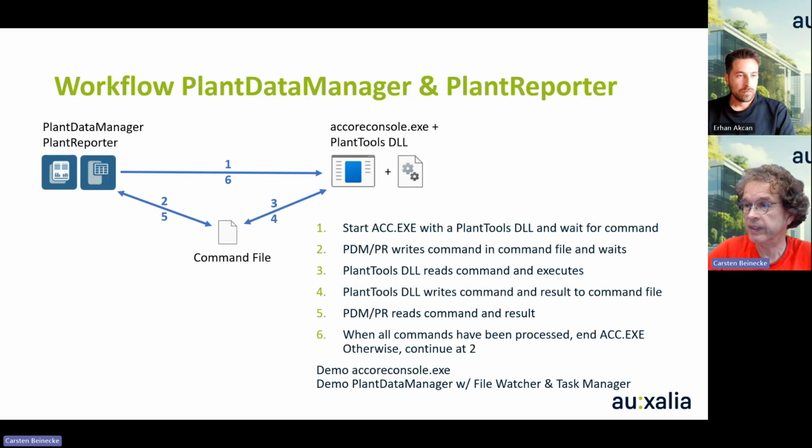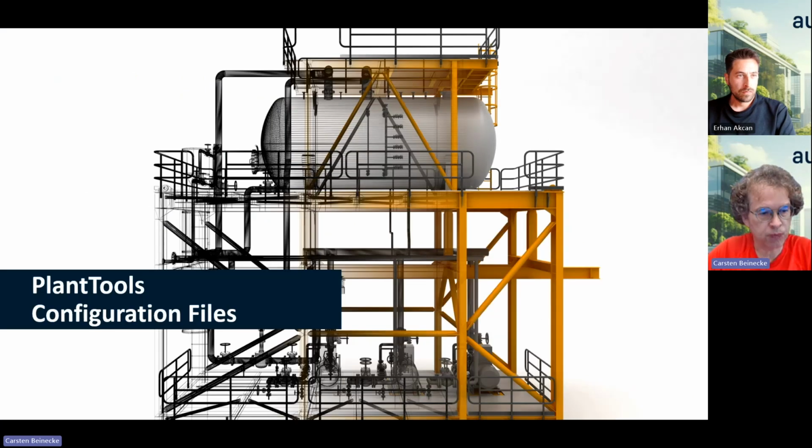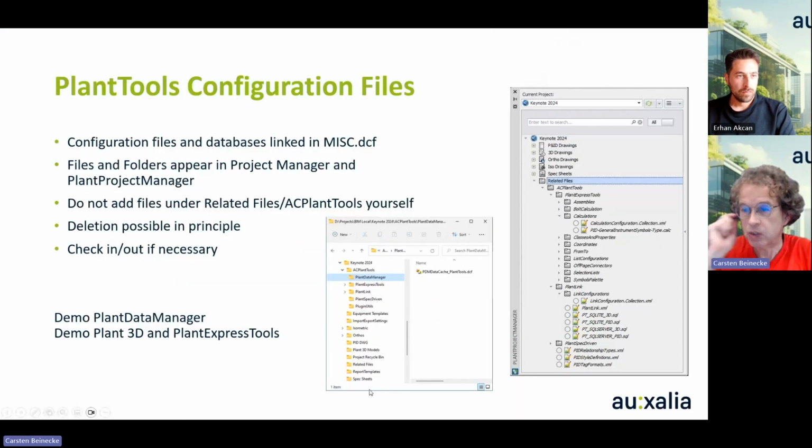Okay, next step, our configuration files, how they are handled. Not just Plant Data Manager, but also all our plugins like Plant Express Tools, Plant Link, and so on, have a bunch of configuration files. The configuration files can be seen here under related files, then AC PlantTools folder.